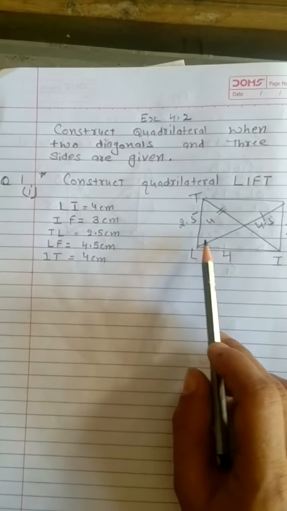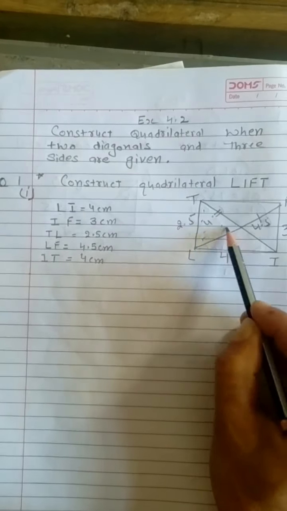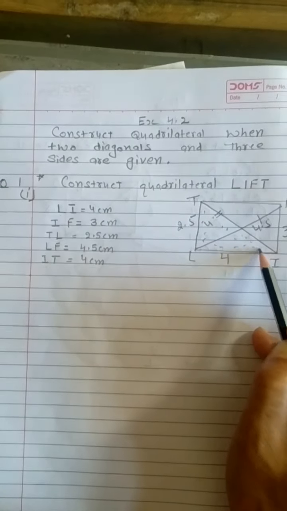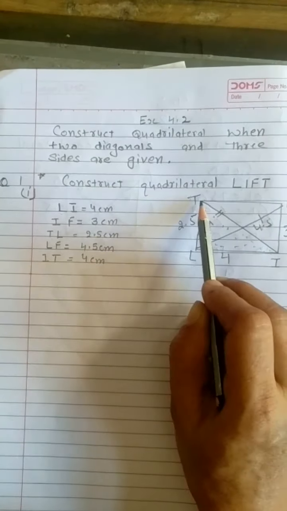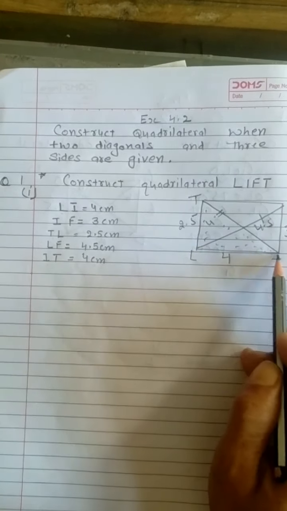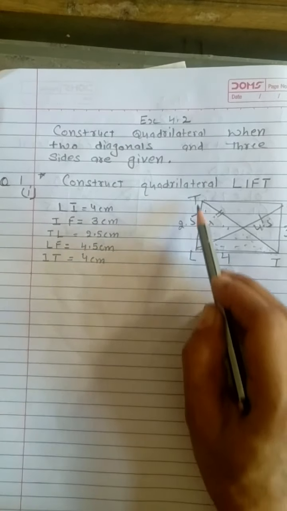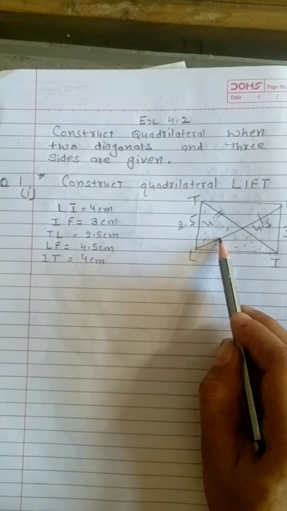Again students, look, here we have two triangles. Triangle LIT: I know all three sides of this triangle: LI 4 cm, LT 2.5 cm and IT 4 cm.